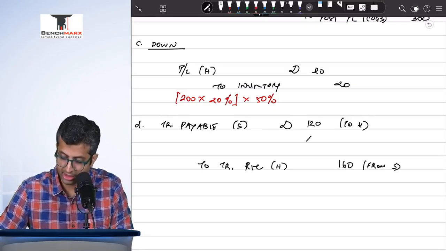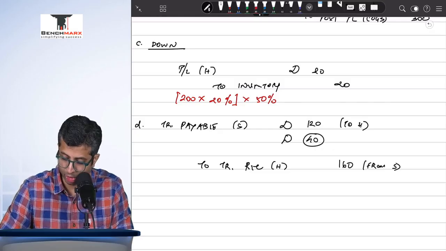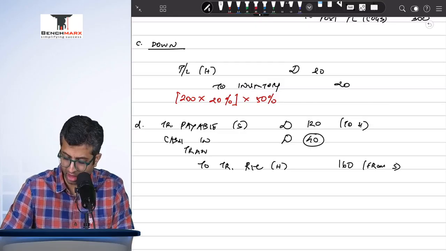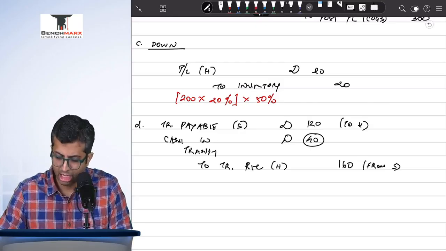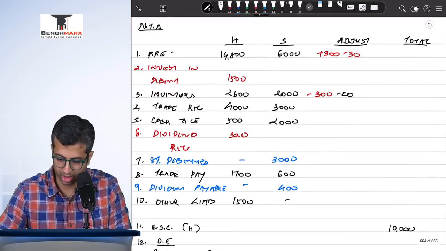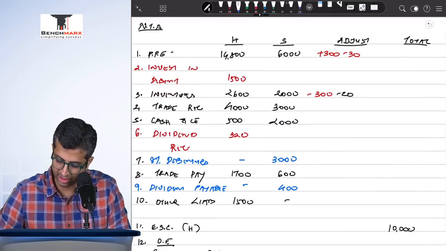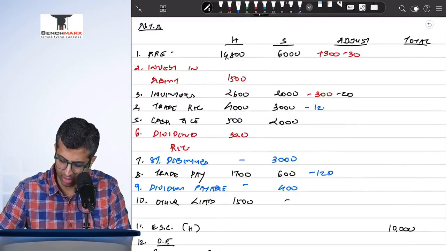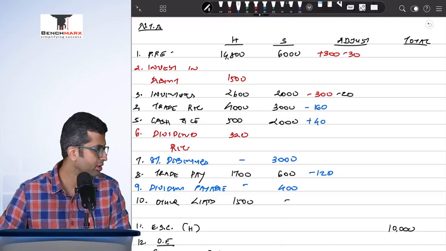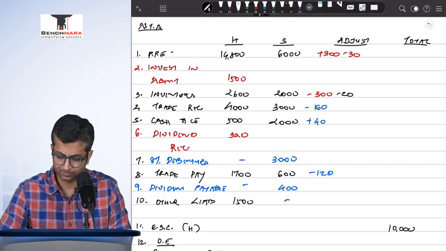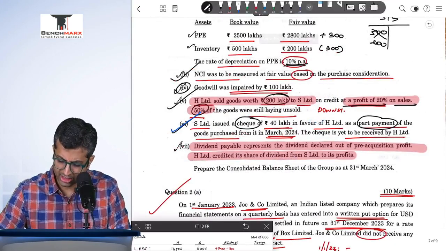However, there's a balance. This 40 over here will be shown as cash in transit or check in transit, and hence this will be added separately along with the cash and cash equivalents. So if I have to give the adjustments over here, on my trade payables, I will subtract 120. On my trade receivables, I will subtract 160. And on my cash, I will add 40. Are we clear with this? Okay, so this takes care of point 6.